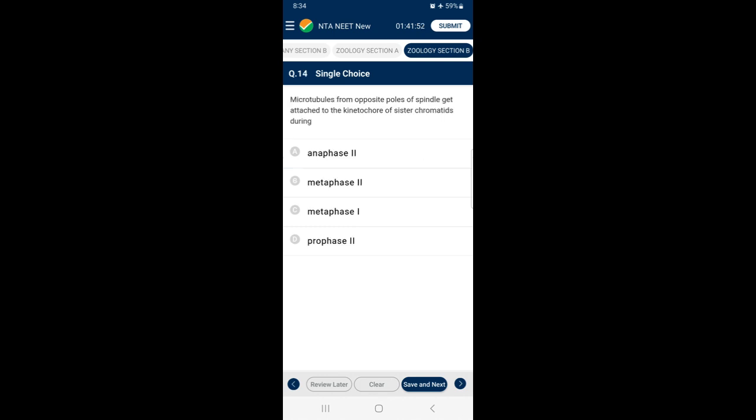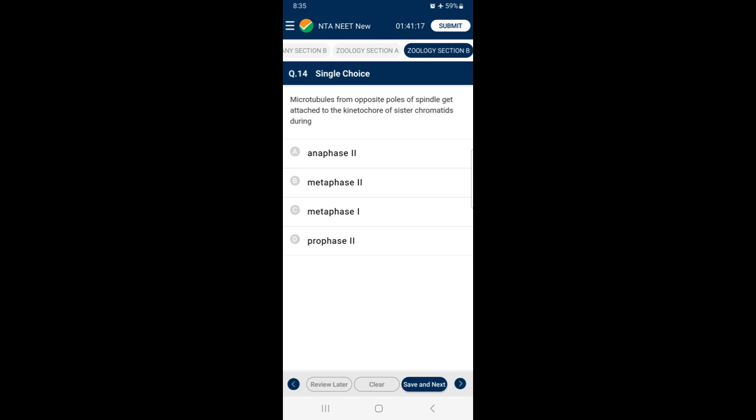Question number 14. Microtubules from opposite poles of the spindle get attached to the kinetochore of sister chromatids during which phase? The two cells produced from meiosis 1 will enter into meiosis 2, in which each of the cells has two chromatids. In metaphase 2, the centromere of each chromosome is attached to two kinetochore microtubules from either side and chromosomes are arranged in the center.